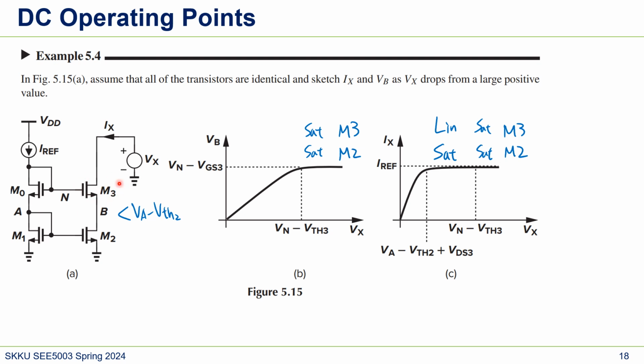So M3 will be in the off region, but since the VDS is too large, it still flows current. Well, it's not important to think about too large Vx, so you can just forget about it if you are not clear about that. But anyway, the point here is that if we decrease Vx, M3 will go linear first.